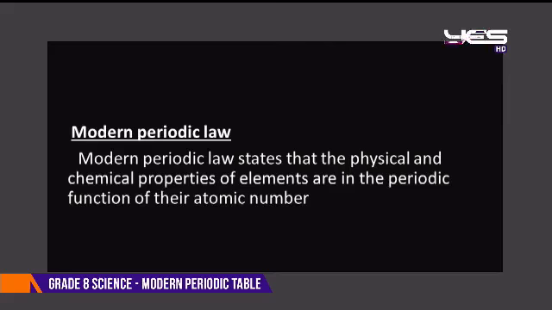Modern periodic law states that the physical and chemical properties of elements are in the periodic function of what? In the periodic function of their atomic number. That is the modern periodic law.